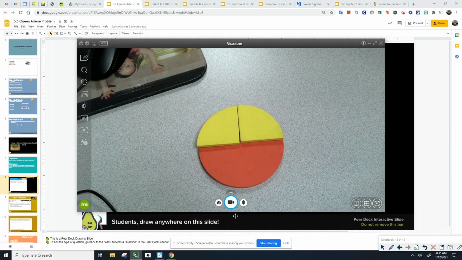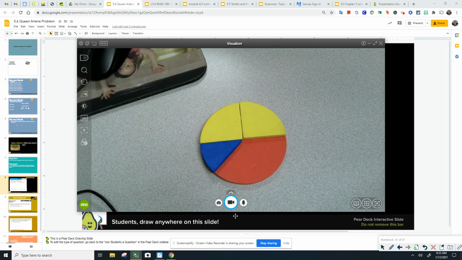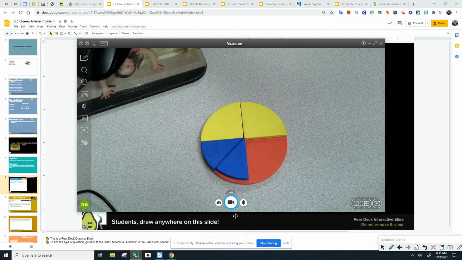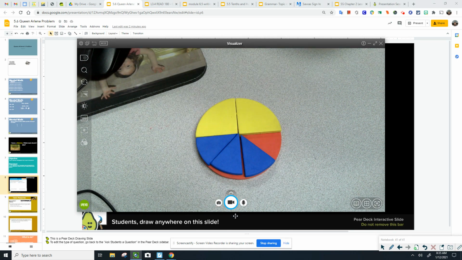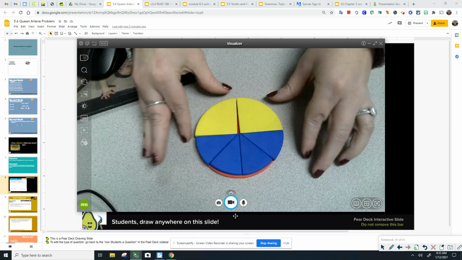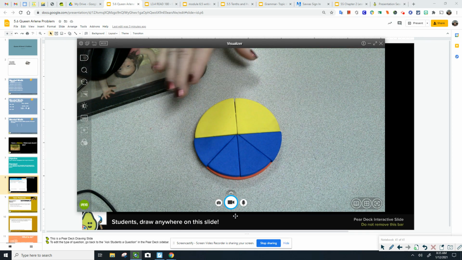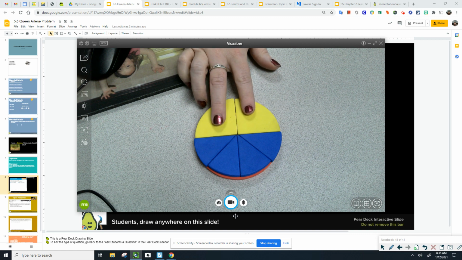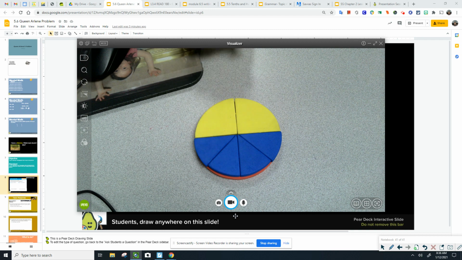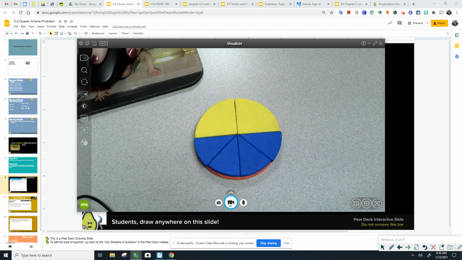I could try some dark blue pieces right here as well. And so this would be one example of what I could show you. Two 1/4 pieces, and then I have 1, 2, 3, 4, and that would be 4/8, okay?